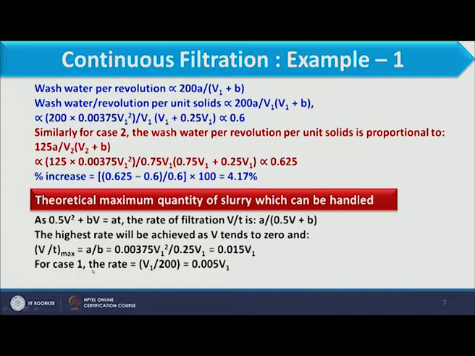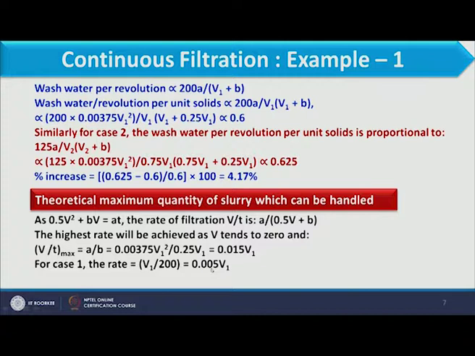On the other hand, for case 1, the rate should be V1 by 200, which we have seen in the last slide. Its value comes as 0.005 V1. So when we compare these two, this is the present rate of filtration and this is the highest rate of filtration.